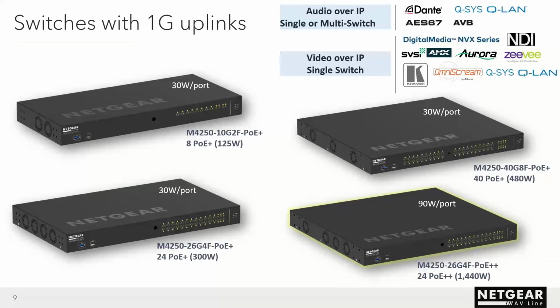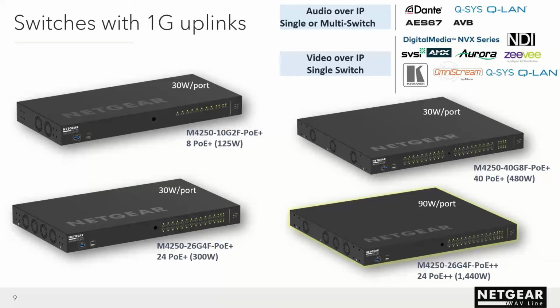And well, in this series, we have now an 8-port and a 24-port, really cost-effective new platform, and a 48-port switch on the top right, with 40 ports of PoE. So 8, 24, 48, excellent for audio over IP, even for multi-switch installations, because again, 1 gig can be sufficient for the design.